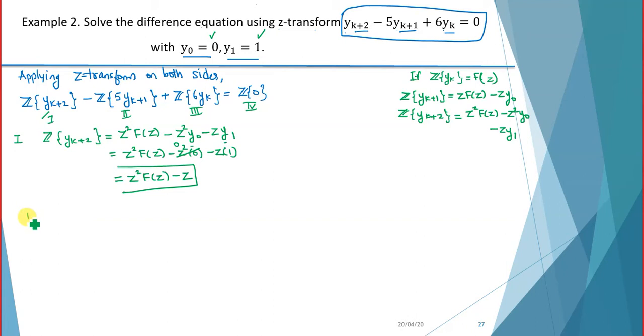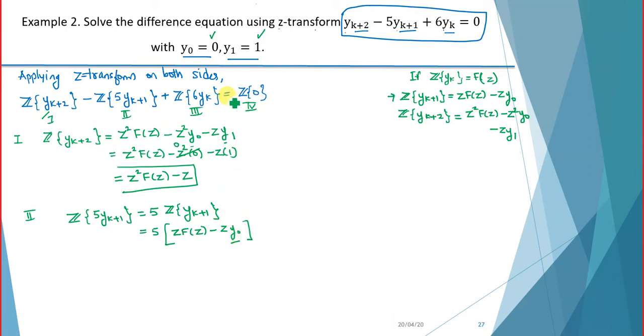Similarly, for second term, Z transform of 5y(k+1). First of all, 5 is a scalar, take it outside. Z transform of y(k+1), use this. This gives you 5 times zF(z) minus z times y0.